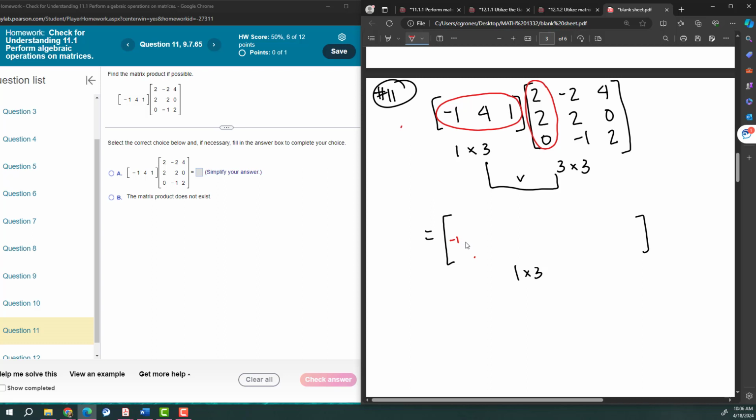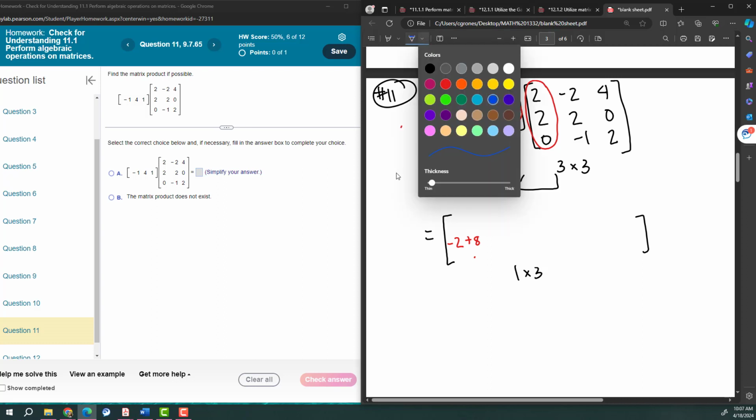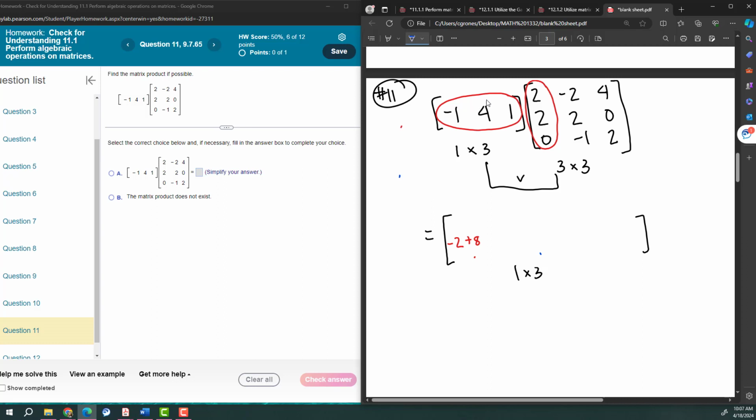So the first one, our row by our first column is going to be this piece right here. So I've got -1, this is going to be -1 times 2, which is going to be -2, and then 4 times 2 is 8, so plus 8, and then 1 times 0 is 0, so I'm not going to put anything there. For our second piece, our middle value, same row, the second column, -1 times -2 is a positive 2. 4 times 2 is 8.